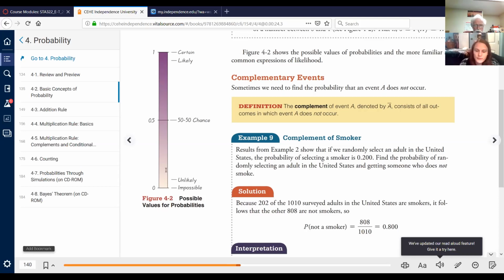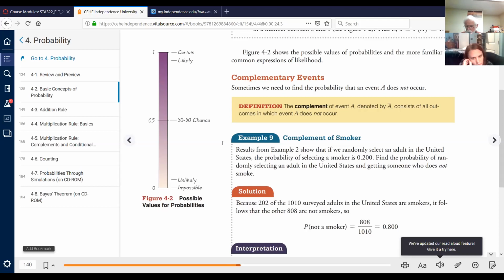And that's what we're looking at in this scale over here. Unlikely is anything down close to 0, generally speaking less than 5%. We call that unlikely, and that's why this is placed where it is. This is about 5% of the total height. So anything less than 5% probability is unlikely to occur.